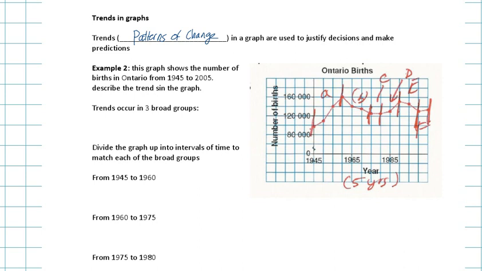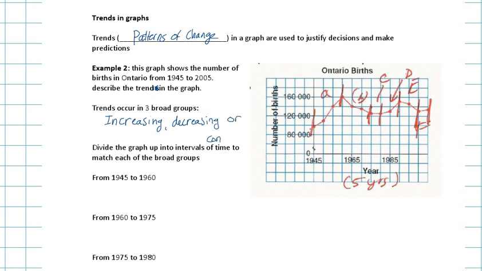So when you're looking at graphs, you have three different options. It's either increasing, decreasing, or constant, meaning it stays the same.